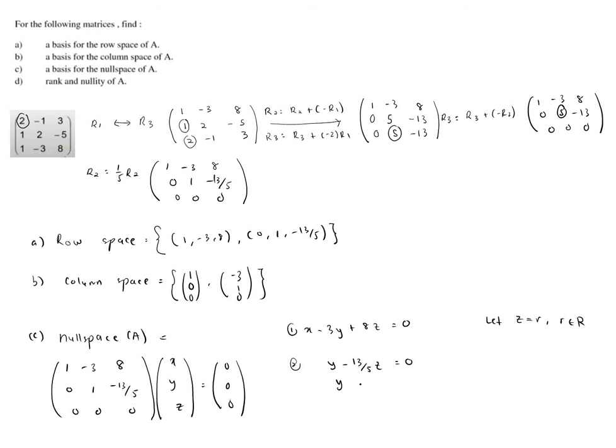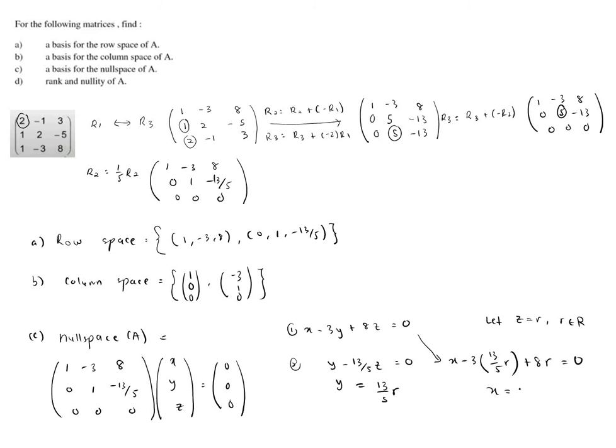So Y equal 13 over 5R, because now Z is R. And then substitute both into the first equation. So x minus 3 times 13 over 5R plus 8z, and our z is R, equal 0.